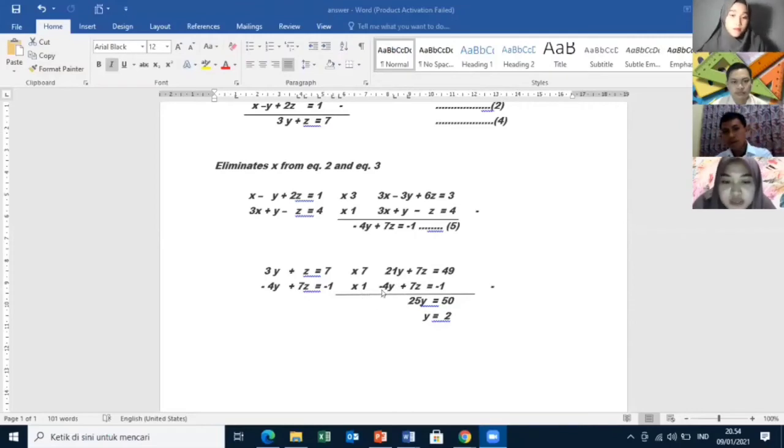We subtract, and the result is 25y equals 50. Because we want to find the value of y, we divide both sides by 25. So the value of y is 2.